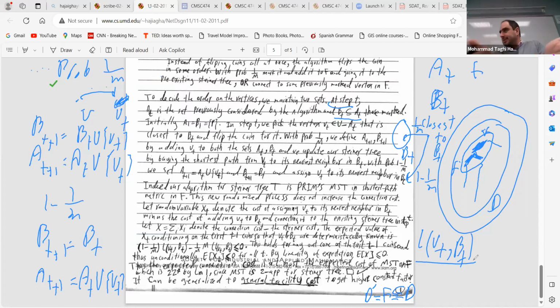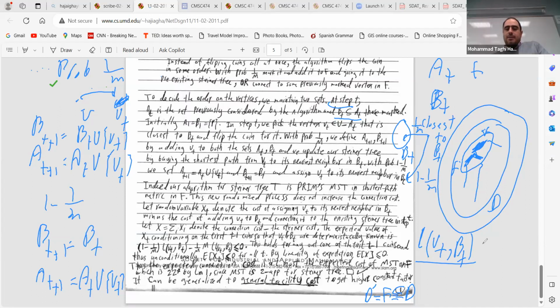It might be less than this in the actual, but it is at most this. So this is the expected cost that I will pay at this time. For each of these guys, what is the expected cost that I will pay in the spanning tree?